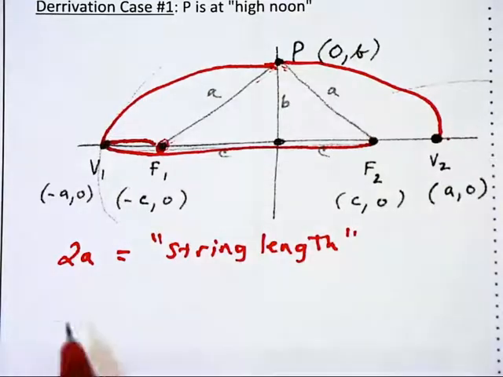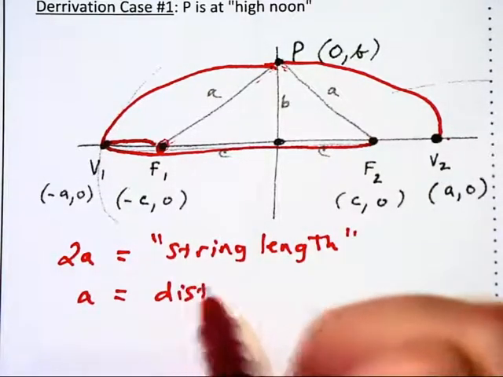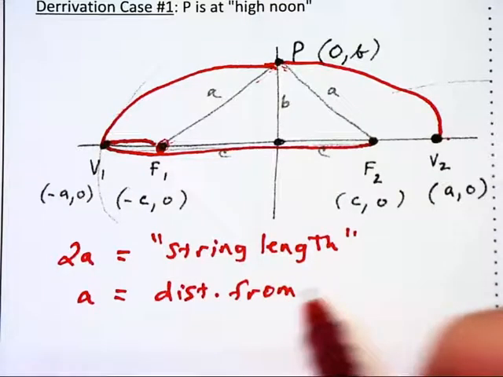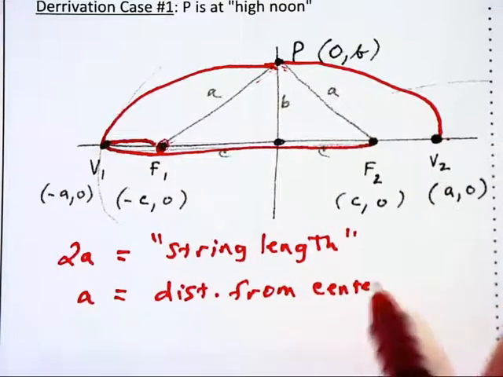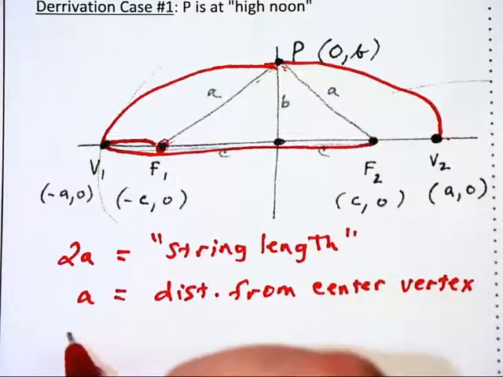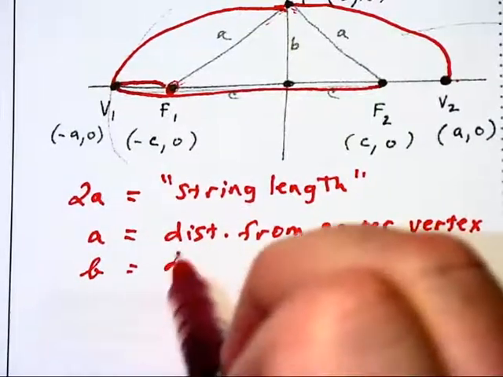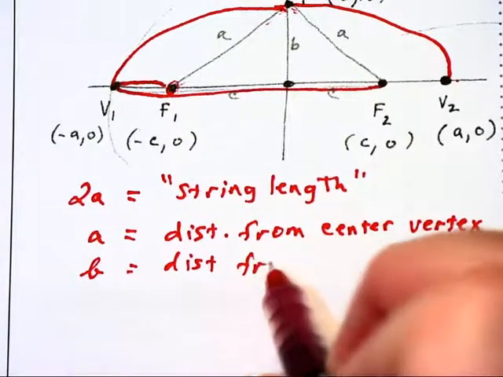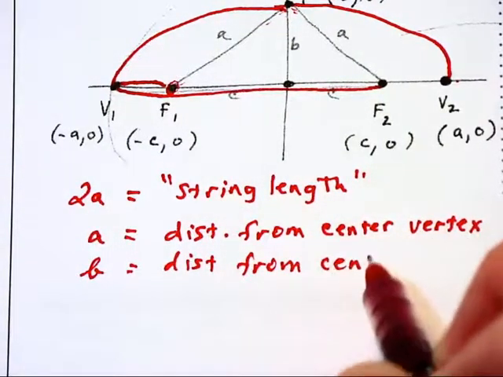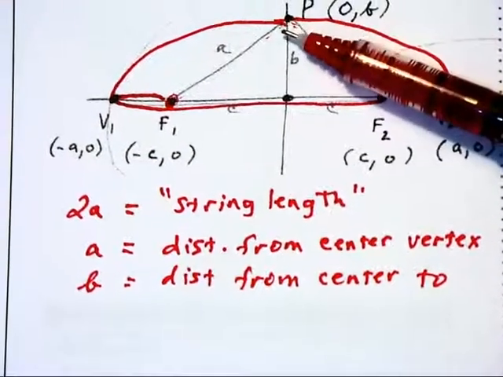Okay. Second thing we want to note is A is equal to the distance from the center to the vertex. B is going to be the distance from the center to, and we don't call this point at the top here a vertex.